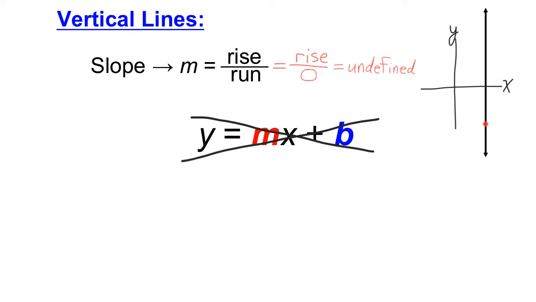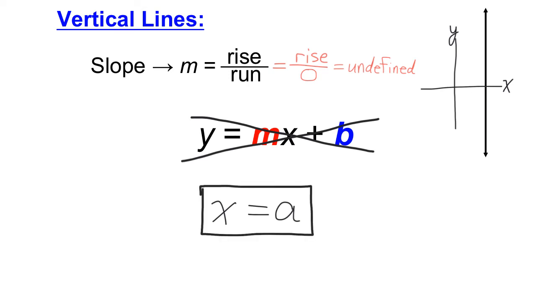Well, x is always the same value on this line. So that's the format our equation is going to take for a vertical line. Our equation is going to be x equals a. A just is a number, whatever this number is that it goes through on the x-axis. So that's how you write an equation for a vertical line. X equals a number, and the number is whatever the x-coordinate is on that line.